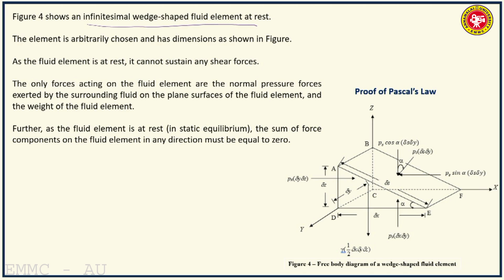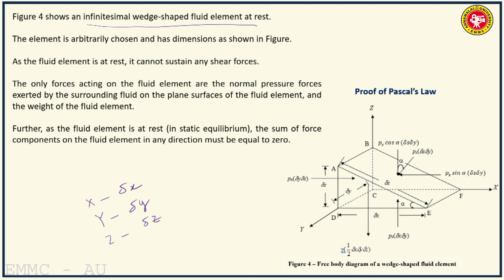The dimension along the x direction is delta x, along the y direction the dimension is delta y, and along the z direction the dimension is delta z. And we have an inclined surface.